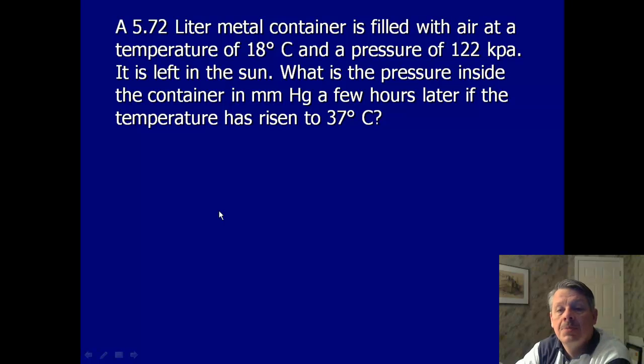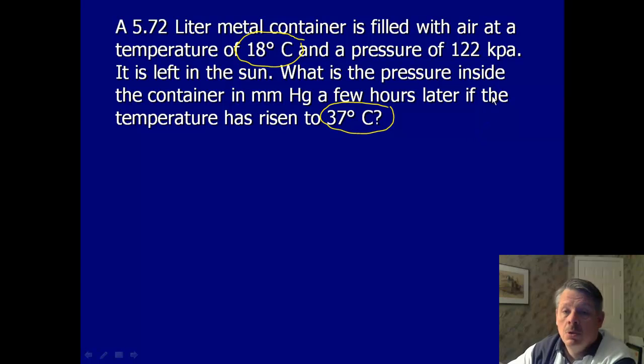Okay, so let's look at what we have. We notice that we have something that's at 18 degrees Celsius, and its temperature is changing to 37 degrees Celsius. Well, that means my temperature is not constant, so that throws out Boyle's law right there. So the question is, do I use Charles' or Gay-Lussac's? Well, I have a pressure of 122 kPa, and I have a 5.2 liter metal container. So what's changing?